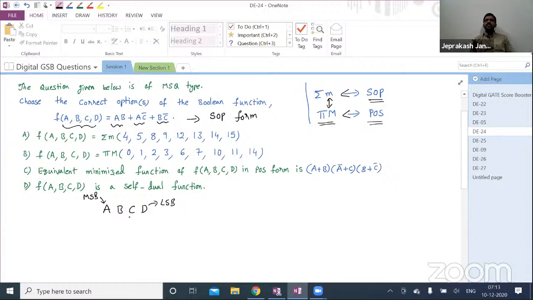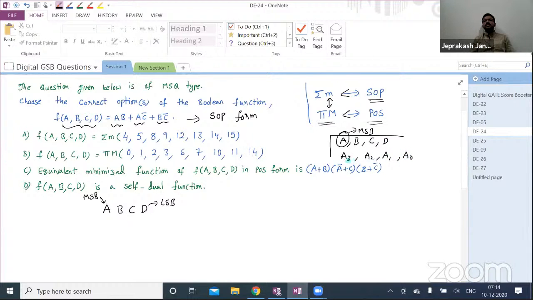Sometimes they may not mention it in the given question. If they don't mention which variable is the MSB, for the generalized case you can follow this. If you have alphabets ABCD, among these A is the starting letter, so A will be the MSB. Sometimes they will mention numbering A3, A2, A1, A0.